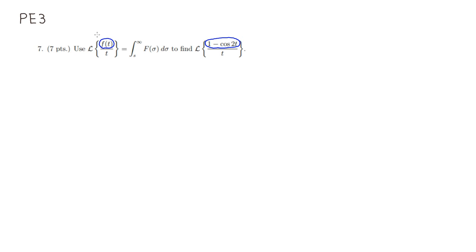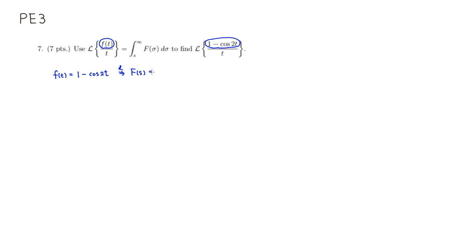So we're going to let f of t equal 1 minus cosine of 2t. Then we can take the Laplace transform of this. It becomes capital F of s.